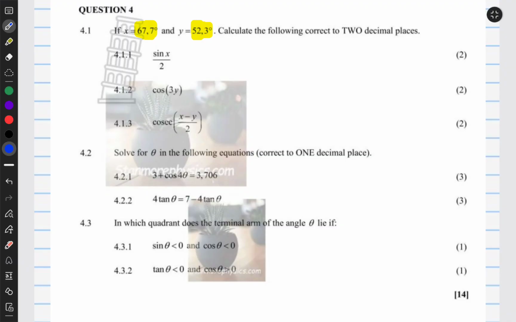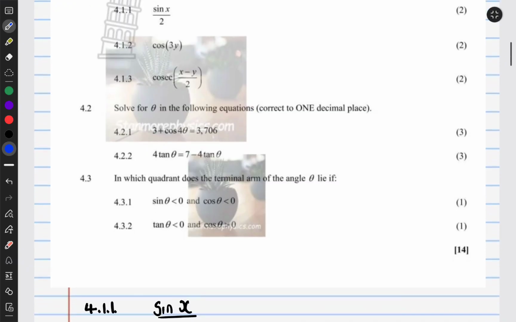And then next, for 4.2, we are to solve for theta in the following equations, correct to 1 decimal place.